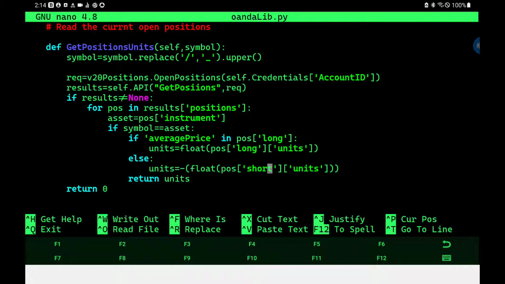Otherwise, we have a short value, and as per Oanda's standard functionality, all shorts are negative numbers. And we simply return the number of units to the user. If we have no position whatsoever, then we return a 0.